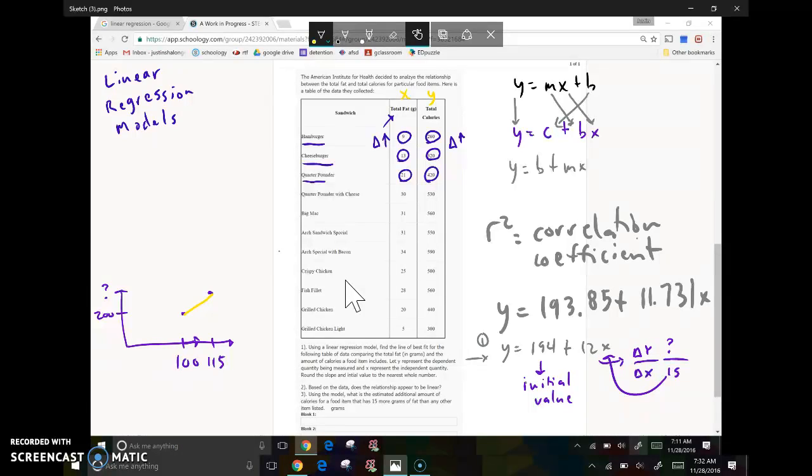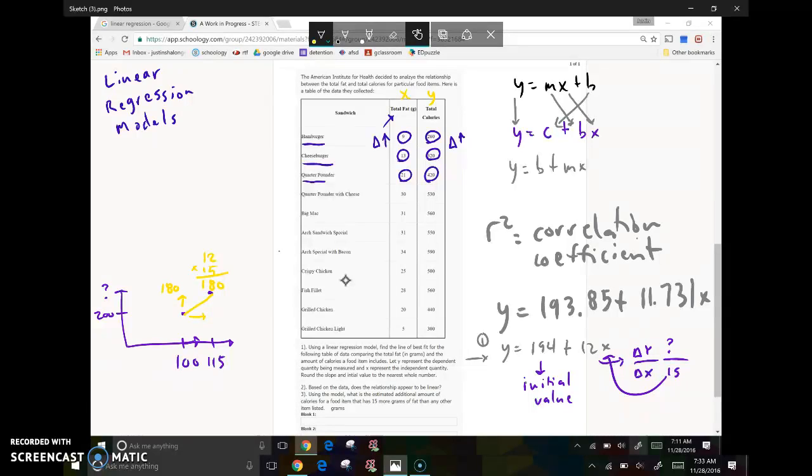So what we're going to do is simply multiply the input by the slope, and that's going to tell us how much more, right? So we're going to multiply here 12 times 15, and we get 180. So as we change 15 here, we change 180 here.